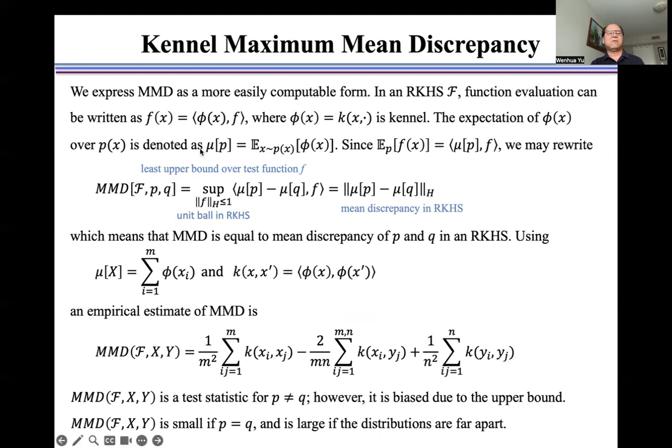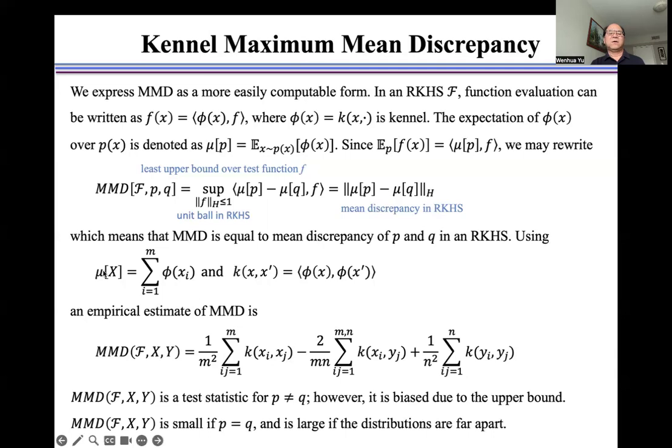The expectation of the kernel function phi over distribution P is denoted as the mean, mu P, which is equal to the expectation of the kernel function phi over distribution P. Using this formulation, we may rewrite the MMD as the supremum of this mean discrepancy in F, which is equal to the mean discrepancy in the reproducing kernel Hilbert space.